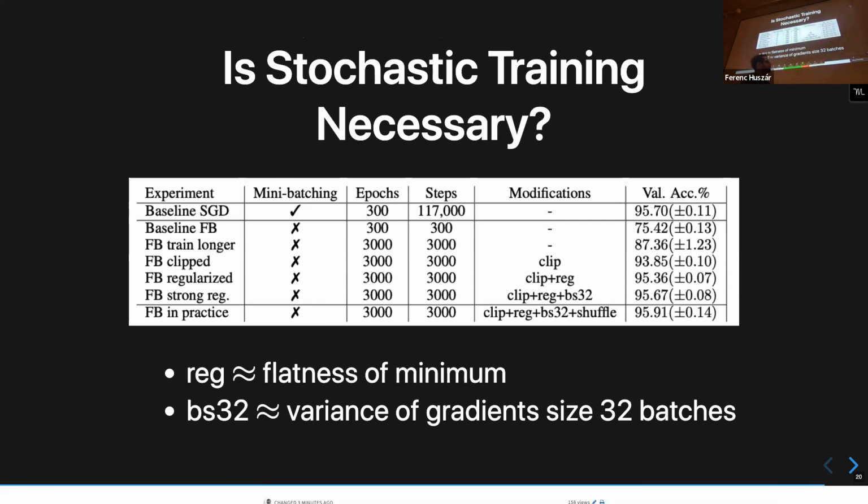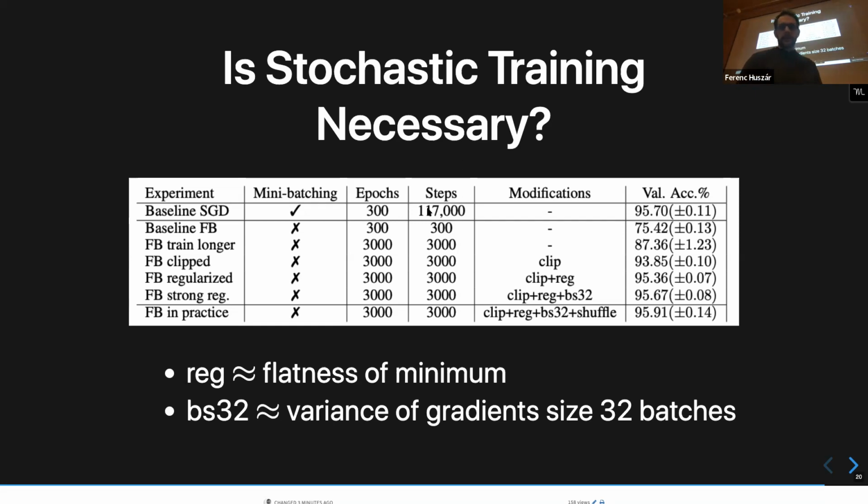And this is the main set of findings that they have. We have the stochastic gradient descent baseline with mini batching, trained for 300 epochs, which means that you cycle through your data set 300 times. This is CIFAR, the same data set that we talked about before, maybe CIFAR-100, the larger version.